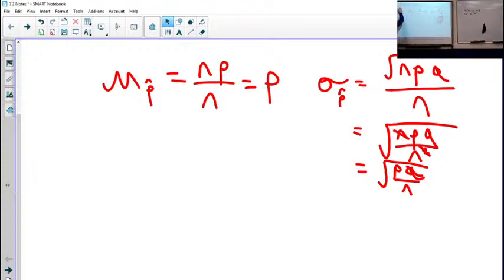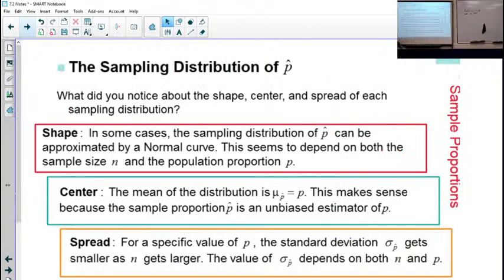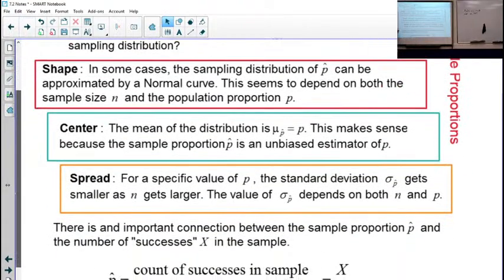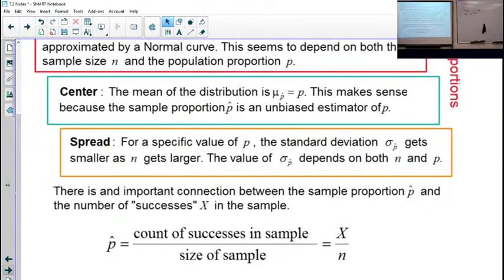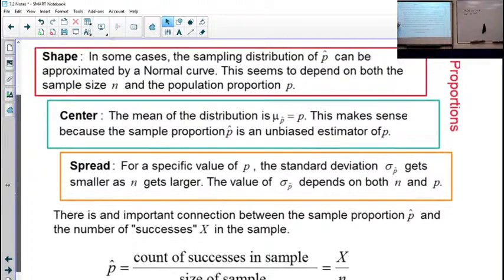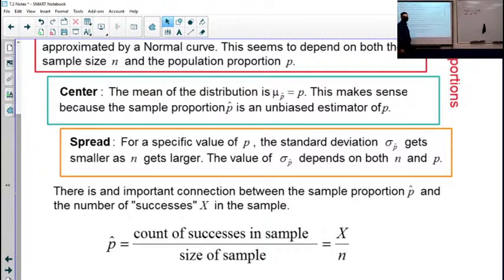How much is enough? Well, remember p hat for our sample. Another thing we talked about earlier in the chapter is that as our sample size gets bigger, as we sample more people, it starts to get a smaller spread.